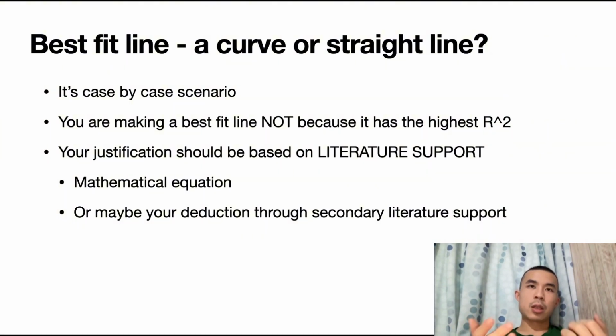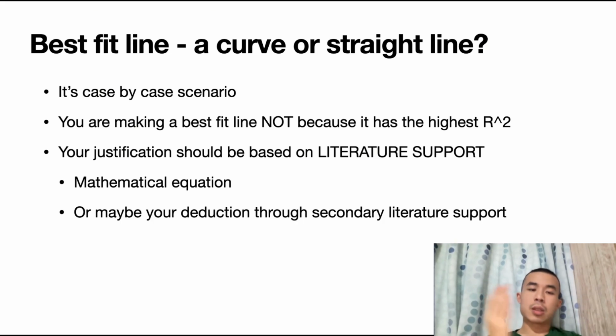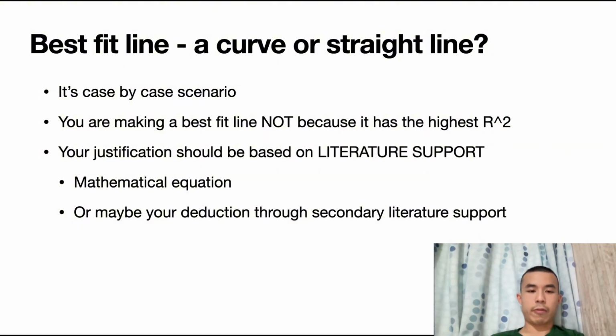Maybe your data is so bad that a curve has a higher R squared than a straight line, but you should still put in a straight line, because the theoretical framework is telling you that it should be a straight line. So you should put in a linear trend line, even though the R squared may be a little bit lower than the curve.